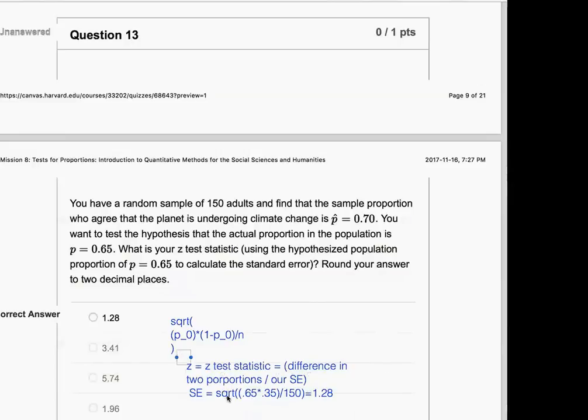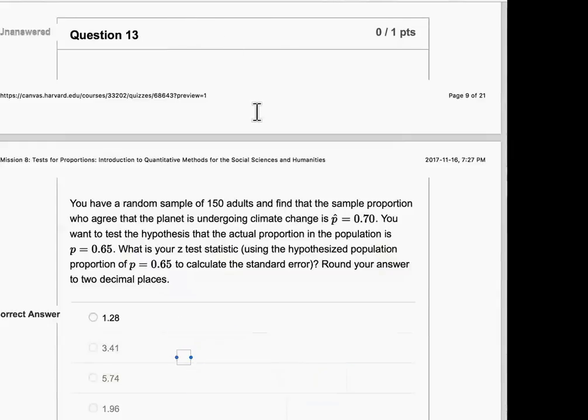I'm going to erase a lot of this, actually. I want to show you how we get to 1.28. The standard error here is going to be around 0.04, or you could say 0.039. That's what I found before with that mess.